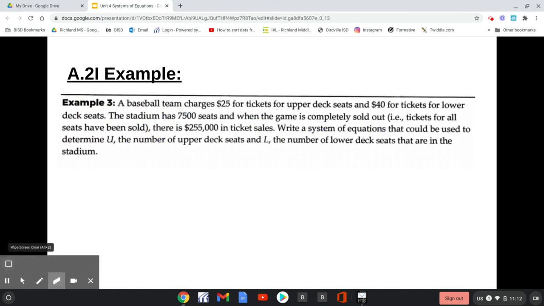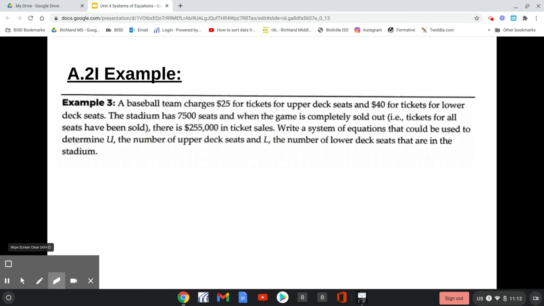It says a baseball team charges $25 for tickets for upper deck seats and $40 for lower deck seats. The stadium has 7,500 seats. And when the game is completely sold out, there is $255,000 in ticket sales. Write a system of equations that could be used to determine the number of upper deck seats and the number of lower deck seats.